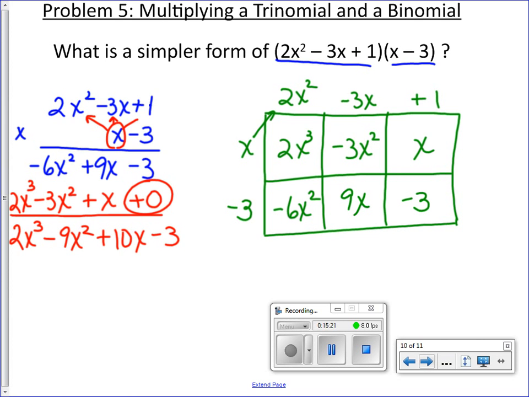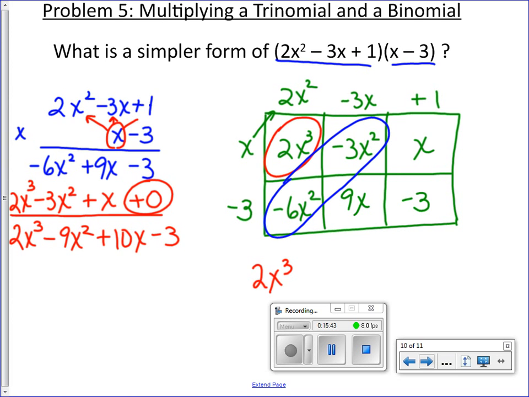All right. Now, once again, your like terms, if you'll notice here, 2x cubed, there's nothing like it, so we'll just bring it down, 2x cubed. The x squared terms are diagonal from each other.